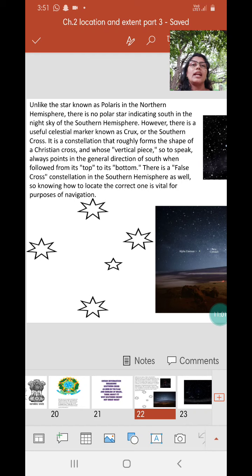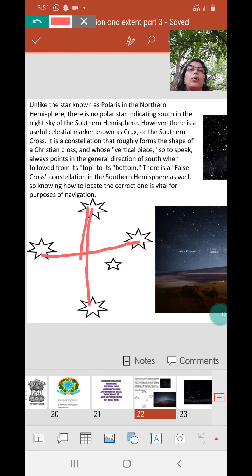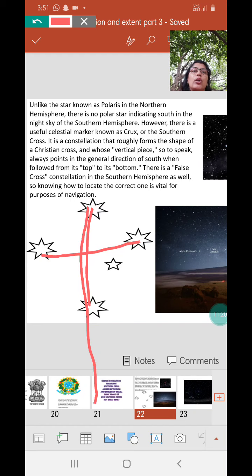It is a constellation roughly formed in the shape of a Christian cross. The vertical piece always points in the general direction of the south, especially when followed from the top towards the bottom.